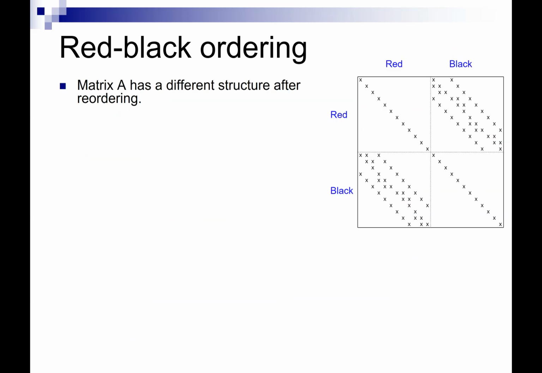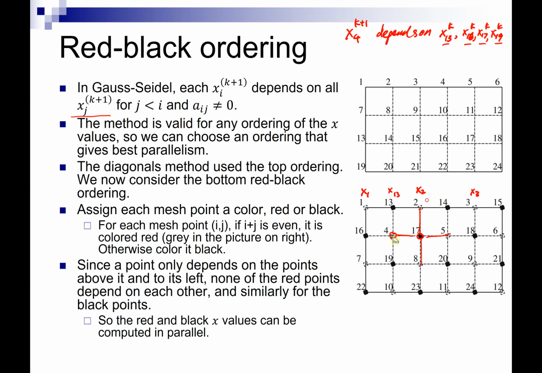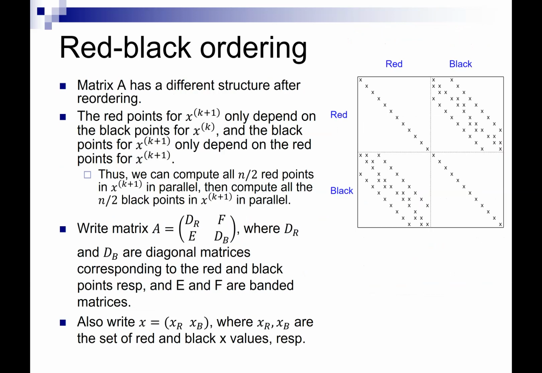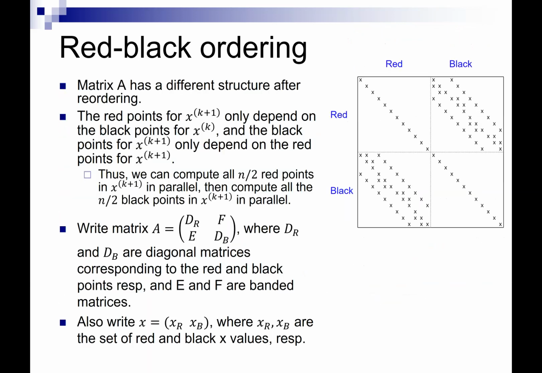So we can show this another way, which is that we can actually write out the A matrix. What are the non-zero values for the A matrix? Because you don't have any dependencies between the red points, what I'm showing over here is that I'm listing all of the red points before all of the black points. That's what we said we're going to do.